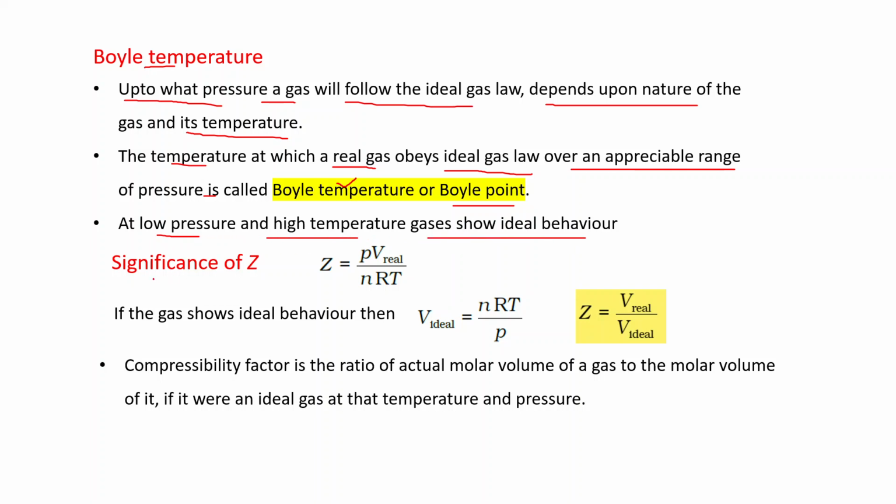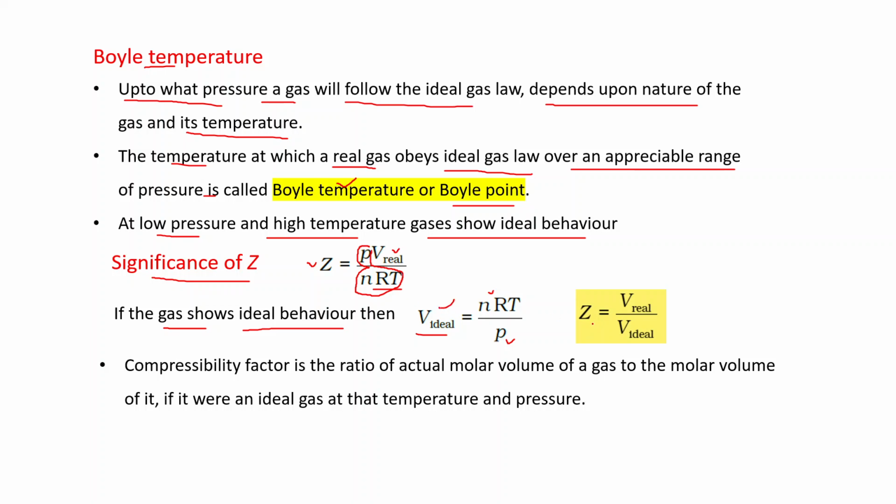Now, what is the significance of Z? For a real gas, we can write Z = PV_real/nRT. Now, if the gas shows ideal behavior, then we can write V_ideal = nRT/P. See, in this equation, this nRT/P is equal to V_ideal.